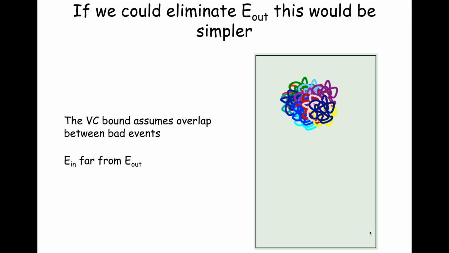Now, if you could eliminate out-of-sample error, right, do away with this probability associated with out-of-sample data, it'd be a lot easier to do this analysis and to reason about the size of this area carved out by the so-called bad events that can occur, right? Because that drives what your generalization performance is going to be like.